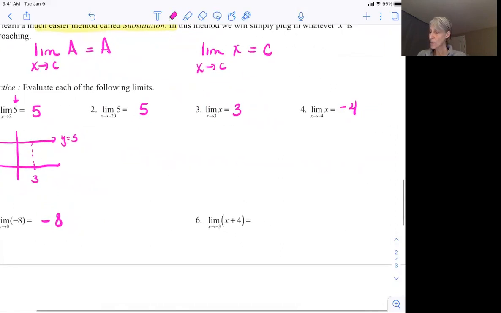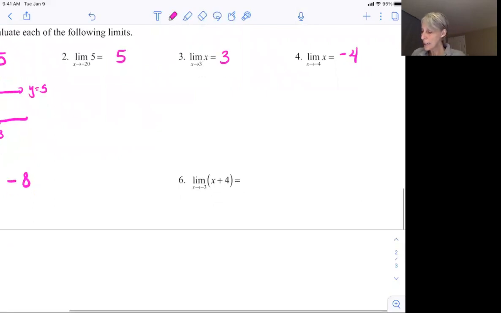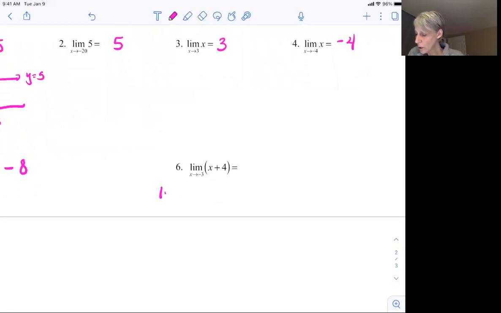The limit as x approaches -3 of x plus 4. Again, I'm going to stop for a moment. We're not going to do this, but technically, this is really using our properties. It would be the limit as x approaches -3 of x plus the limit as x approaches -3 of 4. But do we really have to do that?